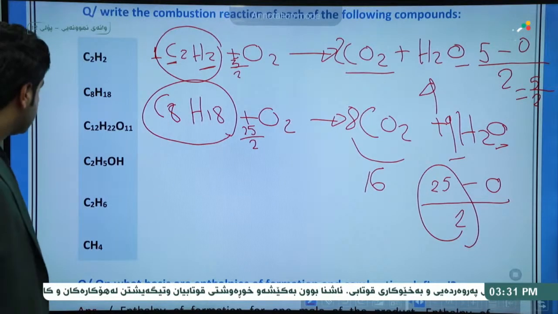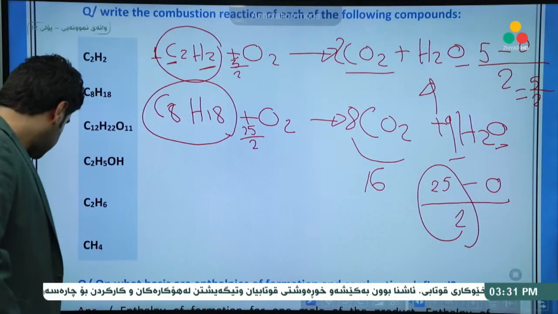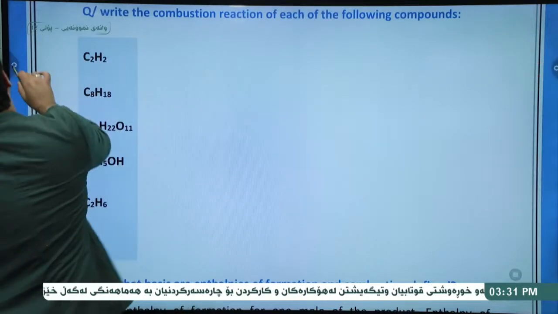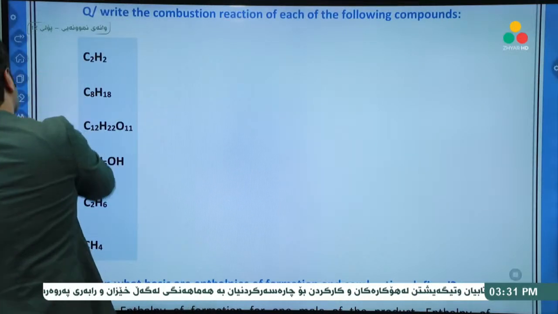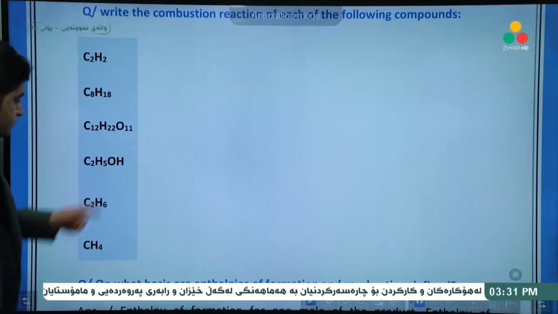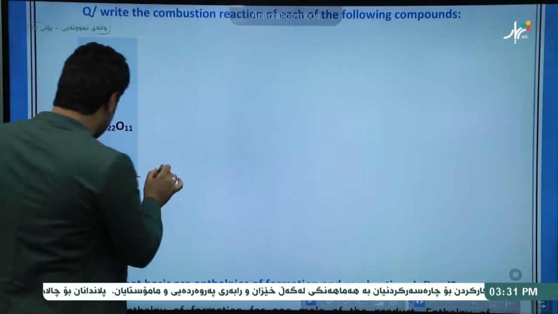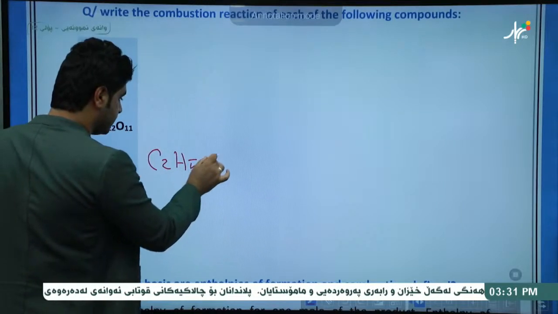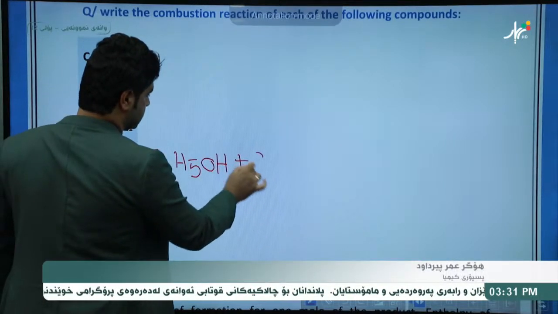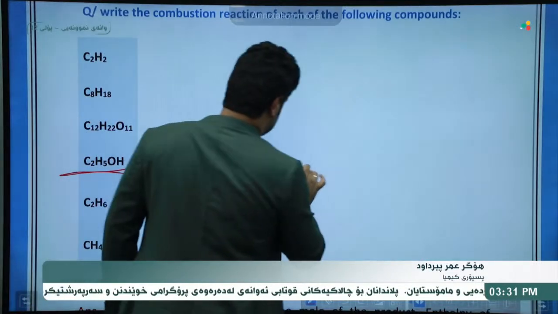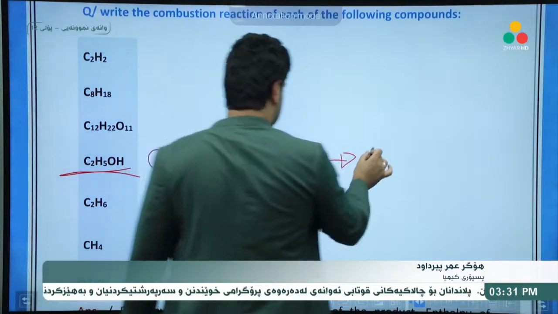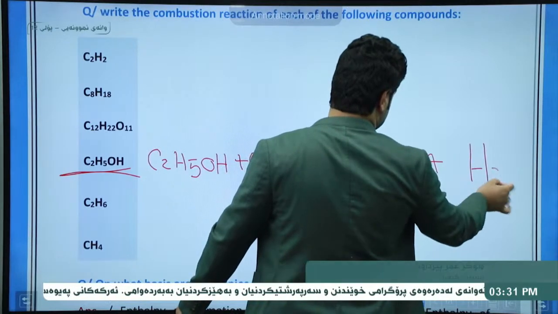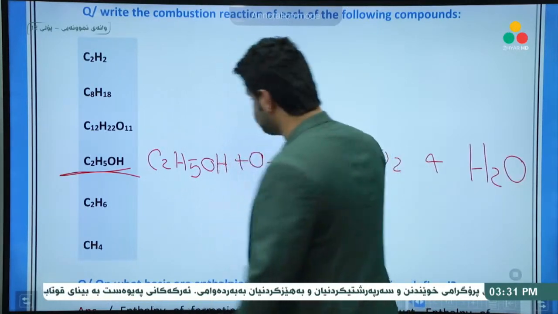The last reaction that I'm going to show you how to write and how to balance is C2H5OH plus O2 to form CO2 plus H2O. Good.